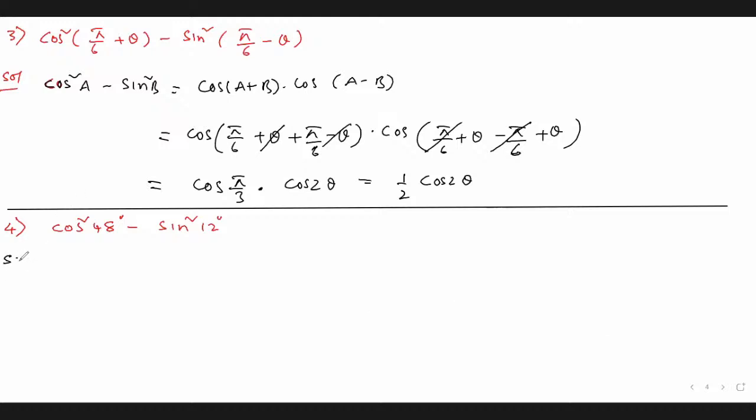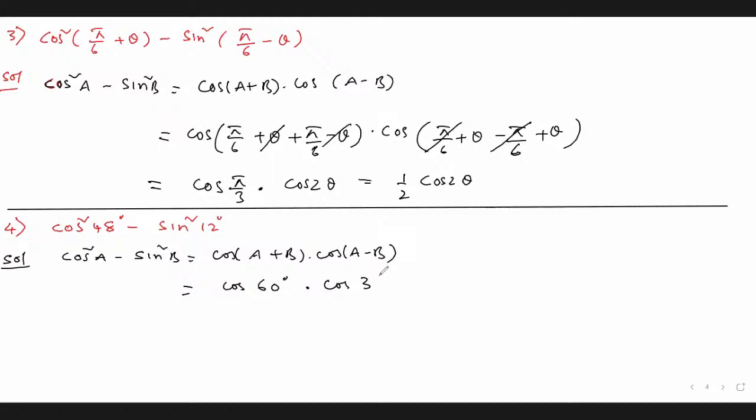See here, as you know, cos square A minus sin square B is equal to cos A plus B into cos A minus B, right? Cos A plus B means 48 plus 12 is 60, into cos A minus B, which is nothing but 36 degrees. Cos 60 is 1 by 2, cos 36 value you are going to get in multiple submultiple angles, root 5 plus 1 by 4. You are going to get the answer as root 5 plus 1 by 8. Okay, copy this one.